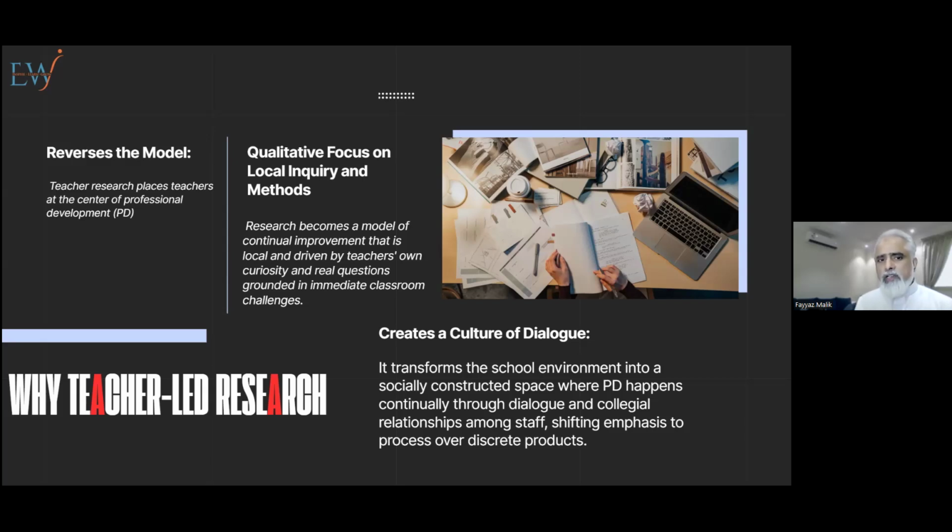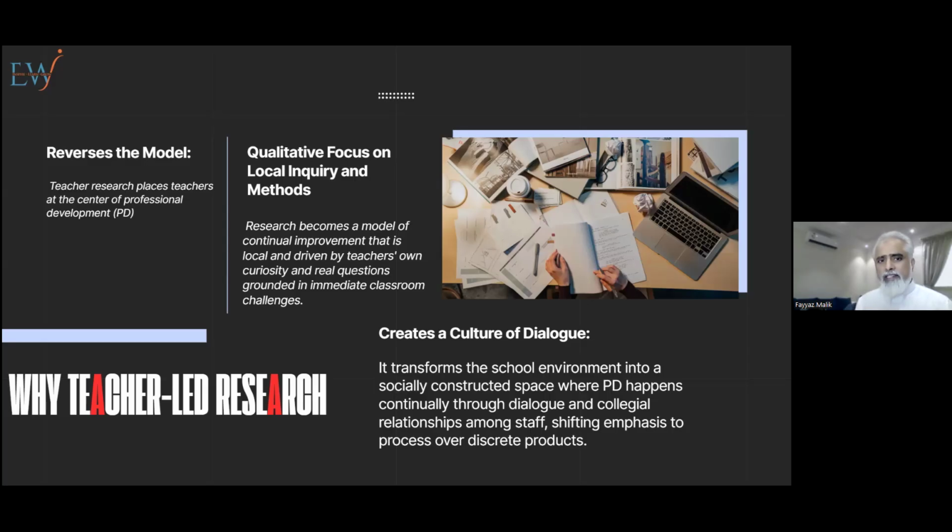So, qualitative focus on local inquiry and methods. Teacher research is the only way to solve local problems. I can read books written in Canada or America, but they may not give me all the answers that I need with my students who are Arabic speakers.